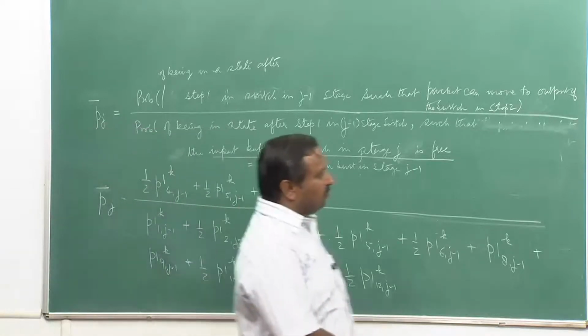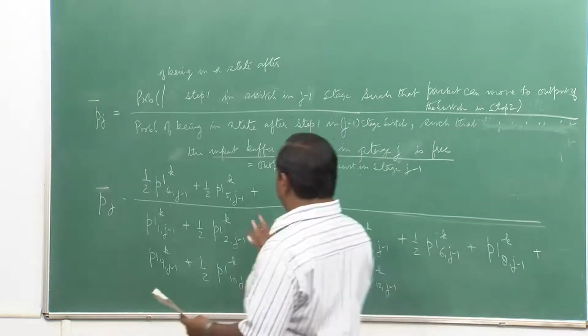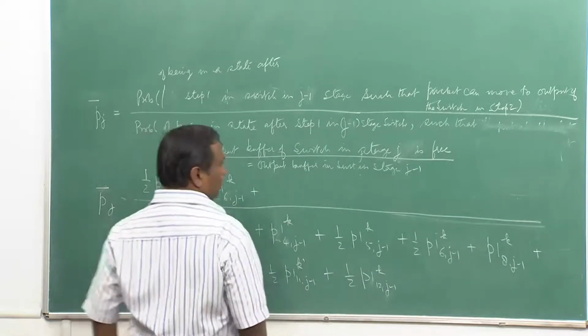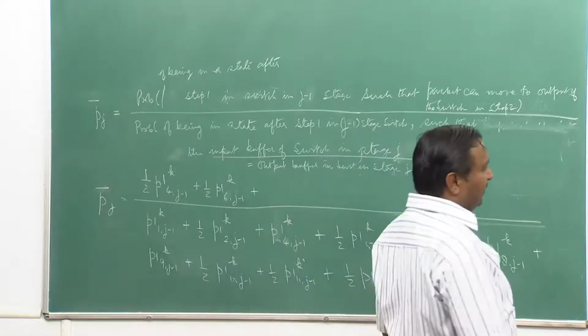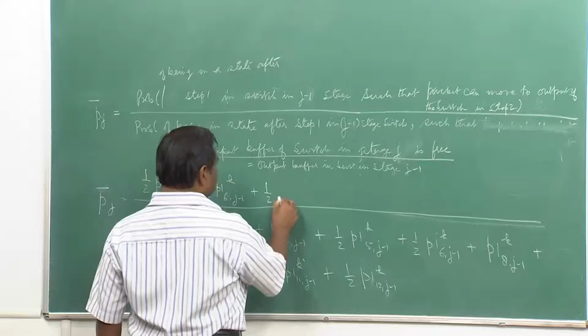Look at now the sixth one. Sorry, this one should be sixth, not fifth actually. The seventh, nothing will be happening. Eighth, only one of them will be coming, so I will put half.